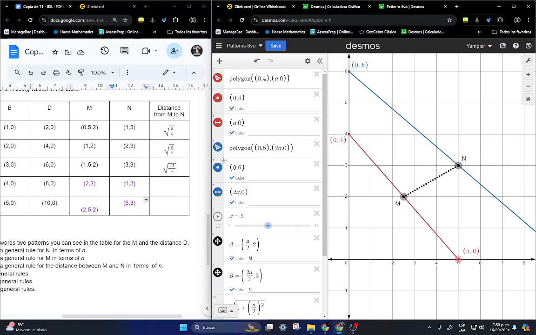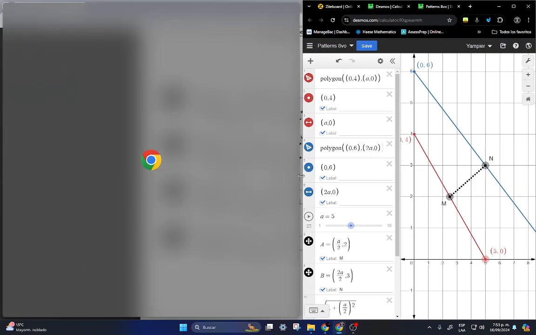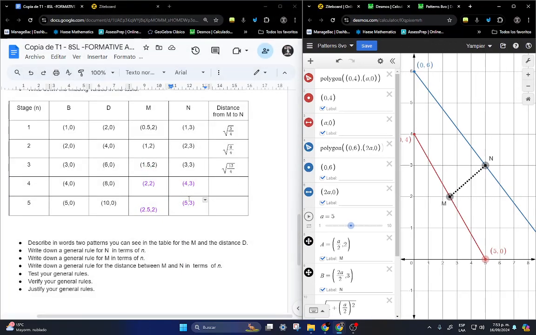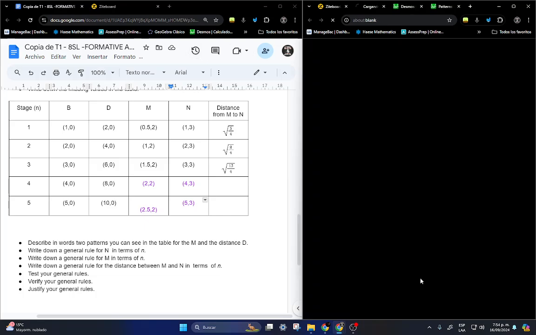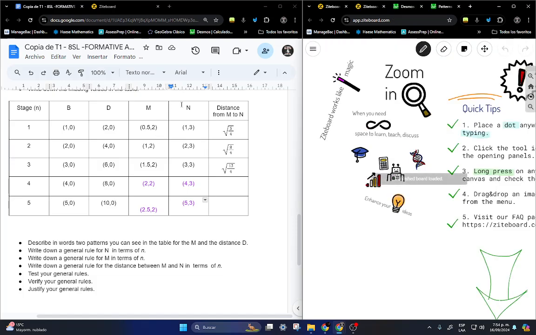Also, that's not the only way to do it, because remember, guys, that here M and N are midpoints, and we know how to find midpoints by using a formula. Remember the formula, give me a second, I erase here.